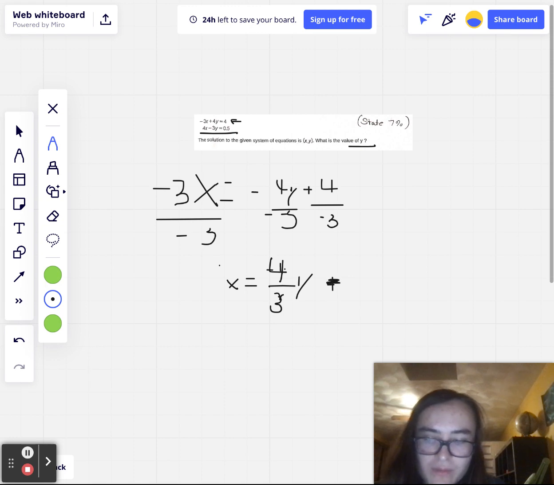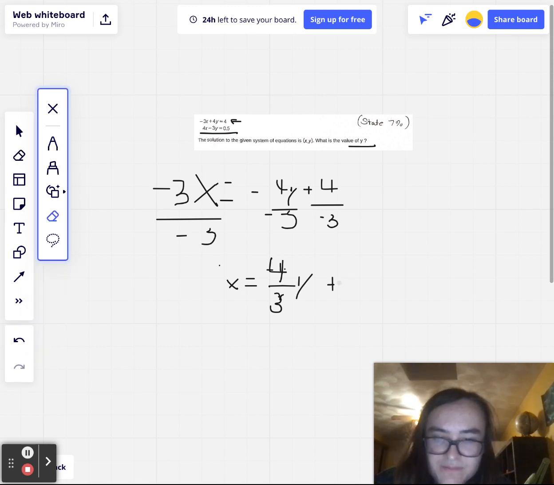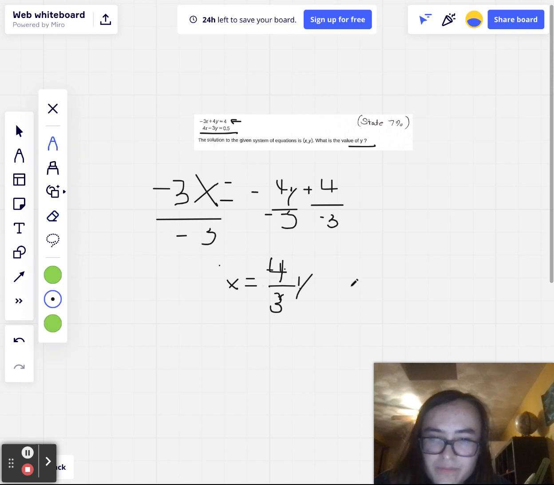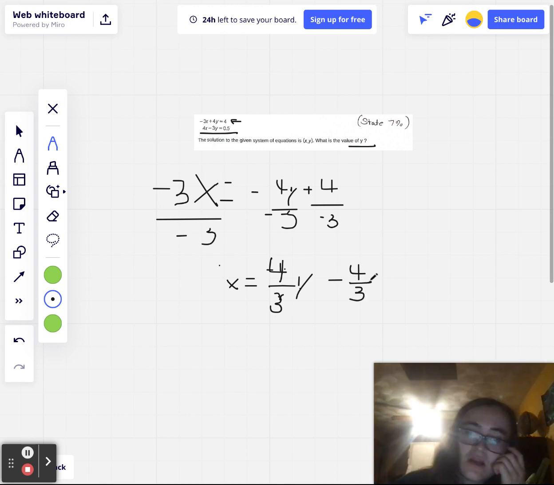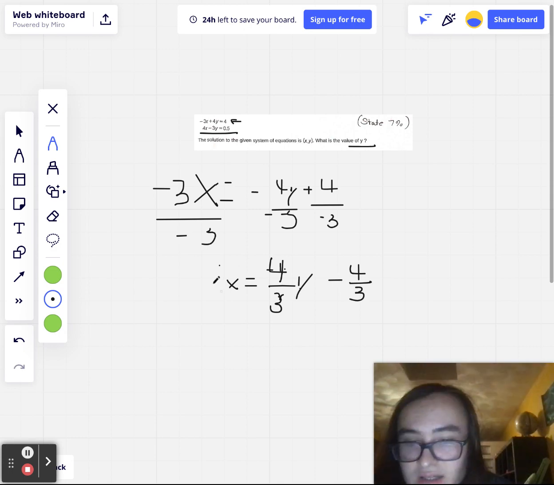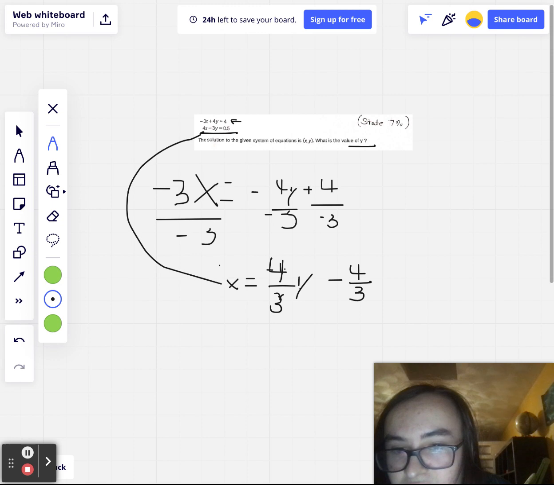This will also become a negative sign, because it's being divided by -3. So now we take this x and we'll sub it in for the x here in this problem. So that will look like this.